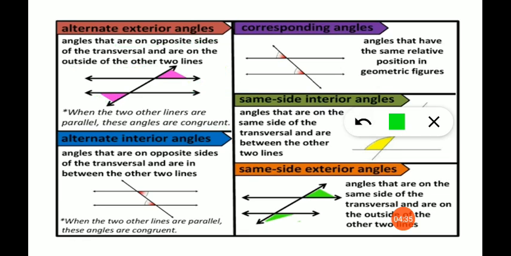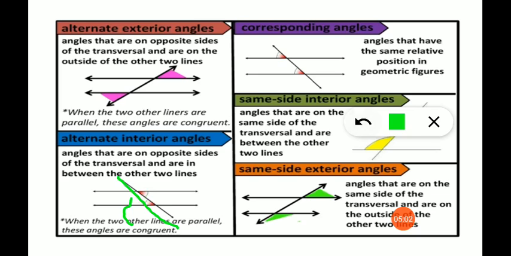Again, they are on the opposite sides of the transversal and interior of the two lines. See here, it is the transversal. One angle is this side, one angle is that side, and both are inside, in between the two parallel lines. Got it?